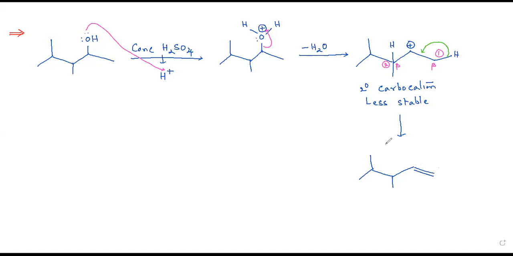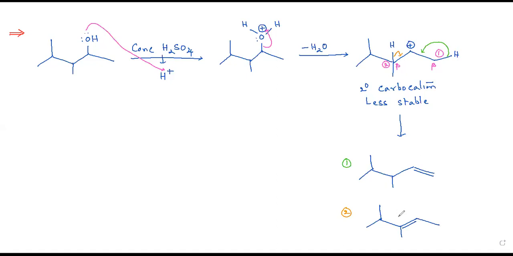Then let me just put it 1. Put 1 here. First possibility. Then coming to the second one, when this goes to the rescue of the positive charge, then the product formed will be this. Then, of course, this double bond here.